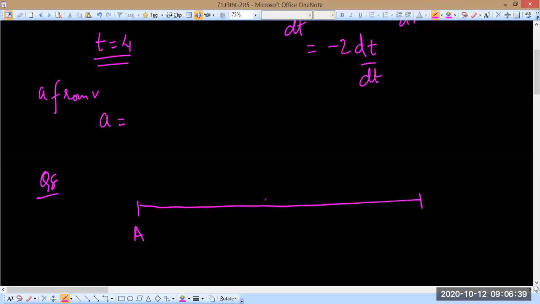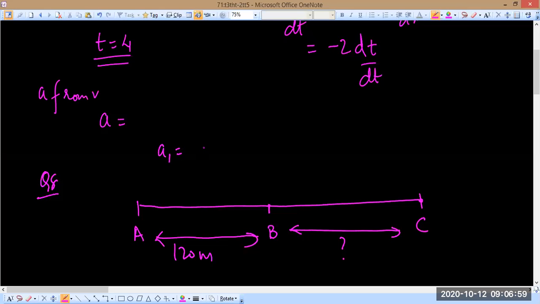So if you consider that motorcycle starts from A, goes to B, and then goes to C, so let's say this distance is 120 meter, right? And this is what we don't know, right? Okay, and in the first part its acceleration is 2.6.